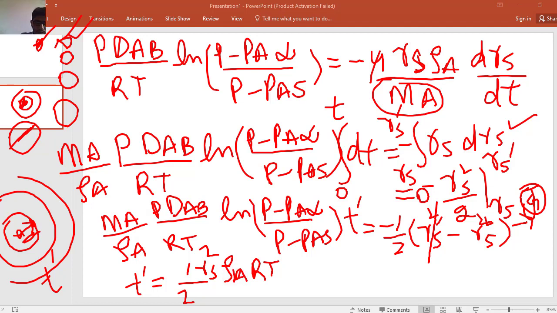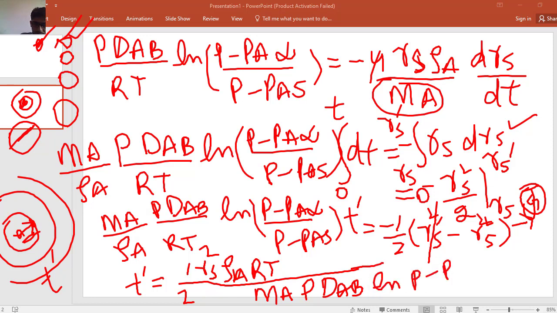divided by MA, molecular mass of water vapor, which is 18 gram, total pressure, which can be 1 atm or 1 bar, diffusivity of A and B, which is given in the table or from the graphs in the tables. Usually it is given in the table, or we can obtain it from various correlations, and divided by ln (P minus PA infinity) divided by (P minus PA S).